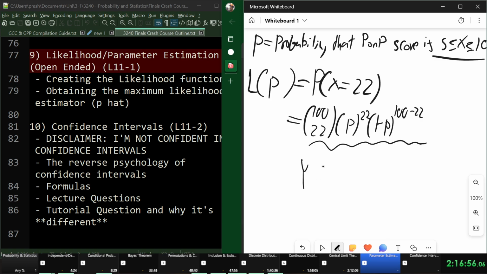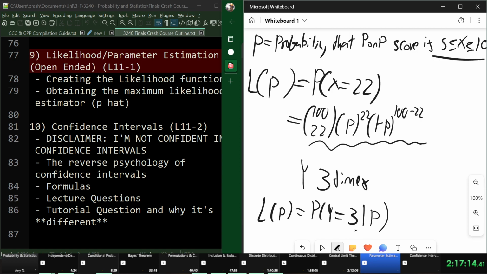Y is an event that can happen a certain number of times, and you've measured it, and y happens 3 times. So there's some probability of y happening 3 times. This is your probability function. Technically, it's like this, I guess, but they end up being the same thing anyway. This is how you create a likelihood function. Get the number of times something happened, and find the probability of it.